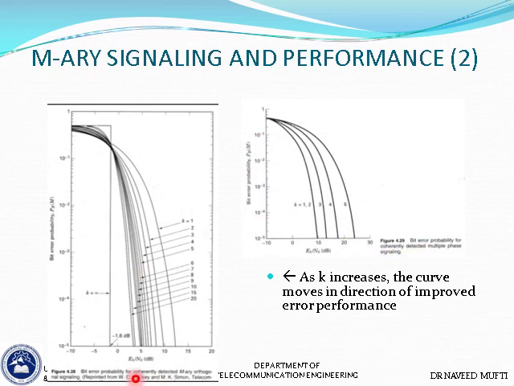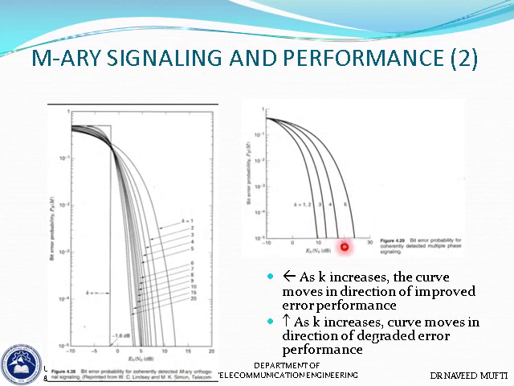But in this figure, that is the curve of PB versus Eb/N0 for coherently detected multiple phase signals. Here we don't have orthogonal signaling, but multiple phase signaling. As k increases in this curve, the curve moves in the direction of degraded error performance. So now we have a conflict.